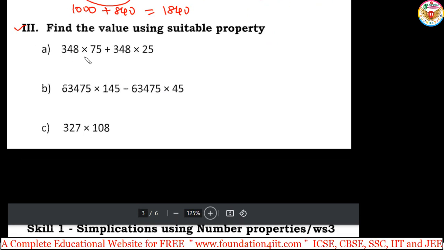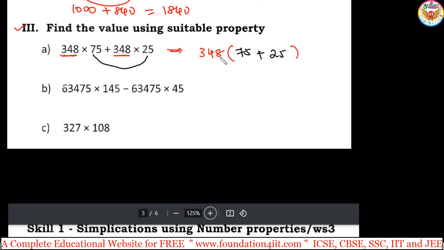In this, 348 into 75 plus 348 into 25. They used the distributive property in this. 348 is the common factor that is distributed. So if you take 348 as common, then 75 plus 25, with the plus symbol in between.